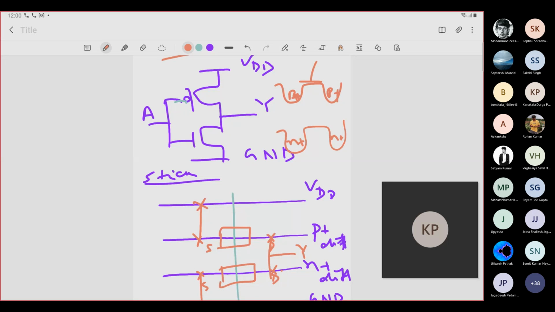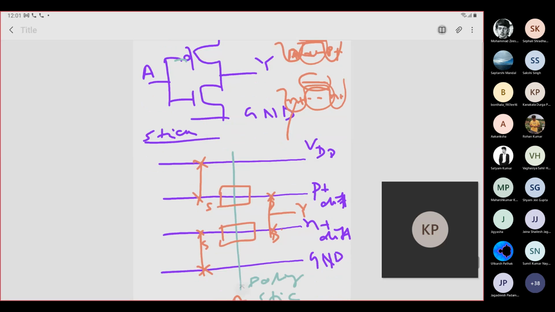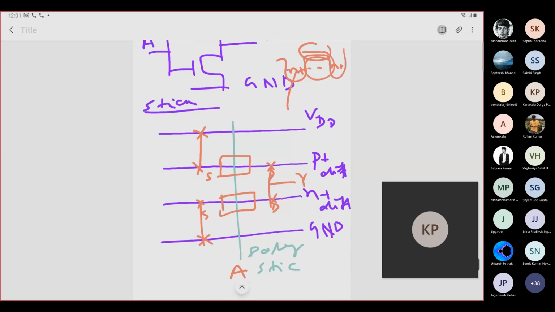The current in PMOS is holes, and in NMOS the current carrier is electrons. By overlapping your poly, you get the channel region, both in PMOS and NMOS. That's why P plus and N plus diffusion are used, overlapping with the poly layer, or the poly stick in terms of a stick diagram.